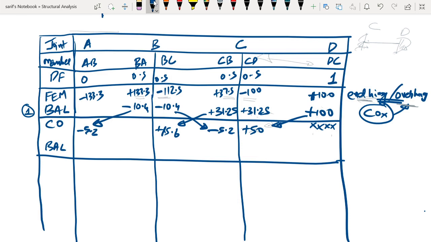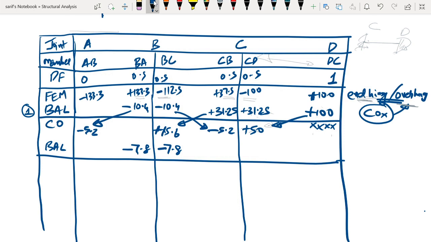However, after this first step we only have to concentrate on the interior supports. So we have a net unbalanced moment of plus 15.6, and therefore to balance it we have to apply minus 15.6 at joint B. It will be distributed in the ratio of the distribution factors, that is 0.5 each. So we will get minus 7.8 here, and here also minus 7.8.